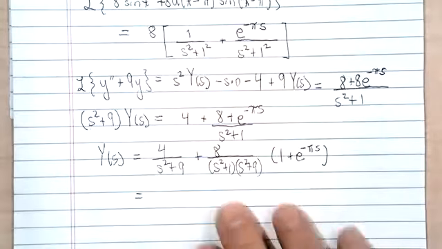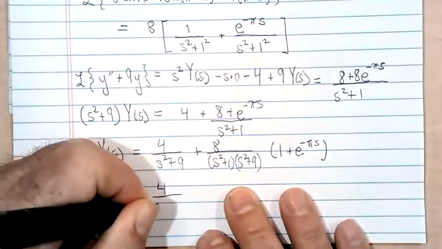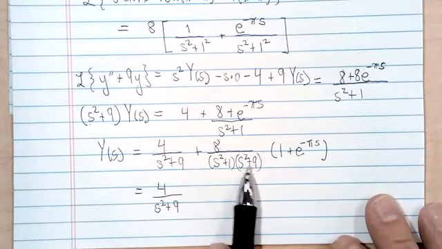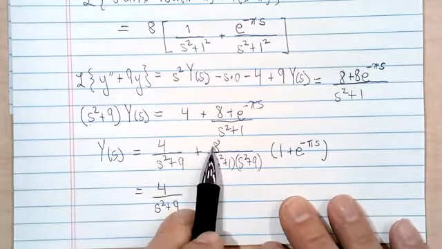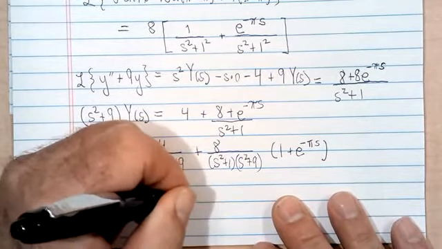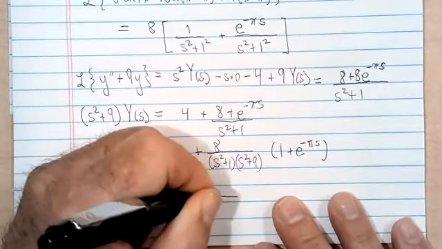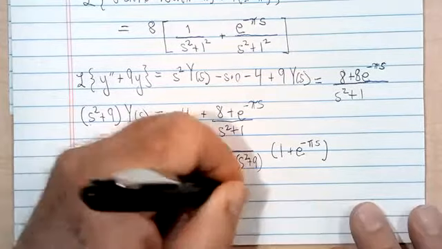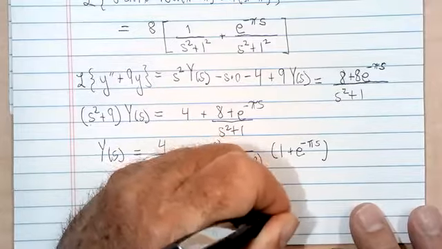Okay. In this, just by good luck, I know how to split that with partial fractions just by looking at it. Because I just observed that the difference between 9 and 1 is 8. So I want 1 over s squared plus 1 minus 1 over s squared plus 9.